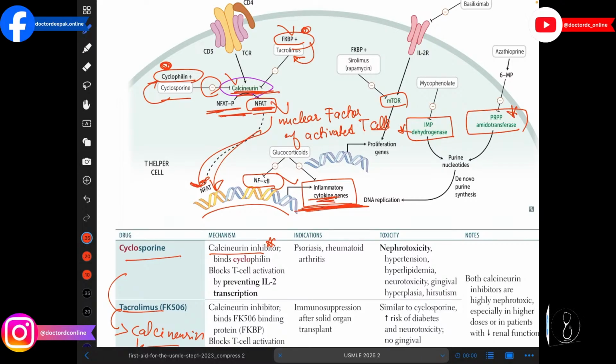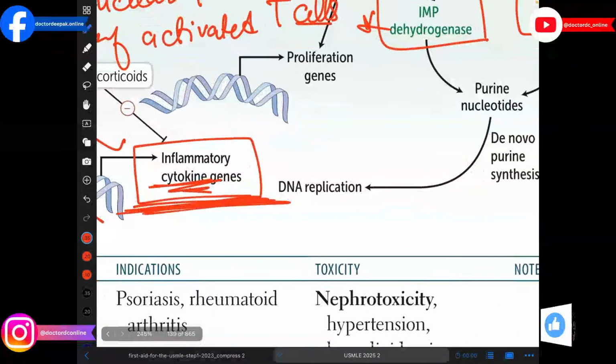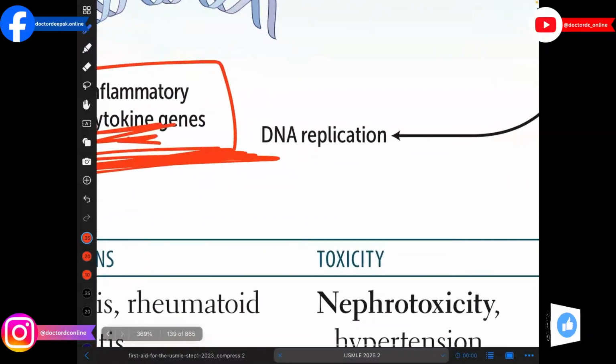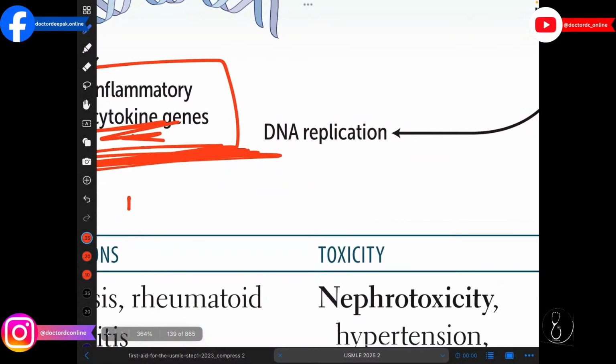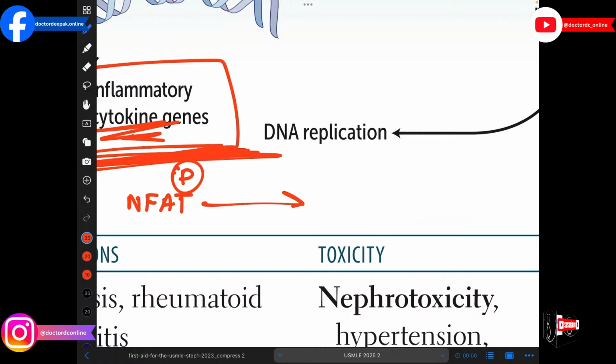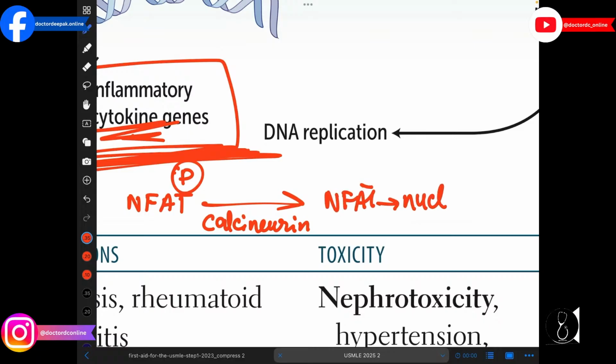Again, I will make a simple diagram here. What is going to happen? The NFAT having a phosphate group, after the process by calcineurin, converts into active NFAT, and this NFAT goes to the nucleus and forms interleukin 2 and other cytokines.